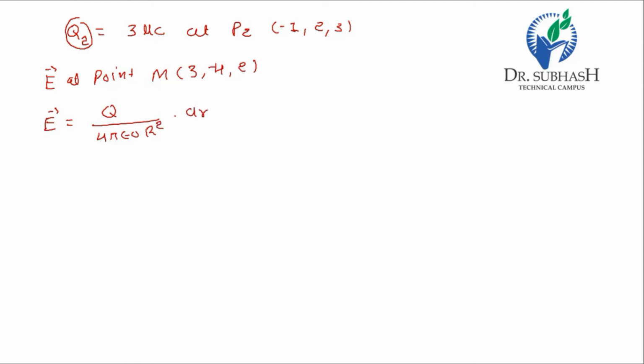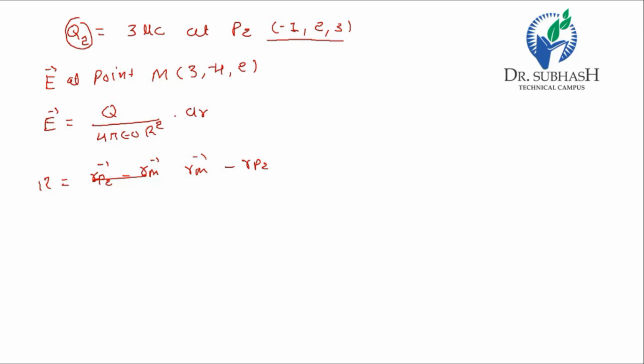So as per the formula, electric field intensity E is Q upon 4 pi epsilon 0 R square into AR direction. Here R is equal to RM vector minus RP2, because P2 is where the force originates, the source, and M is where the force exists.